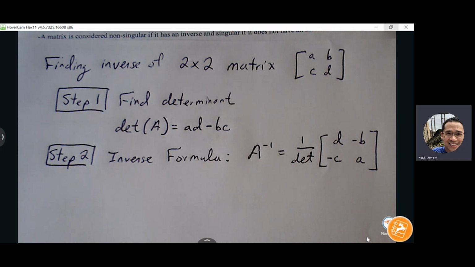Okay, what do you notice about number 3? Impossible. Because the determinant is 0. Okay, so number 3, determinant is 0.